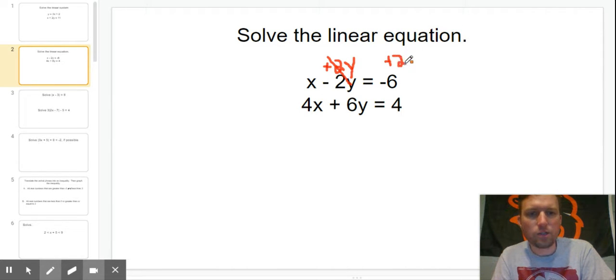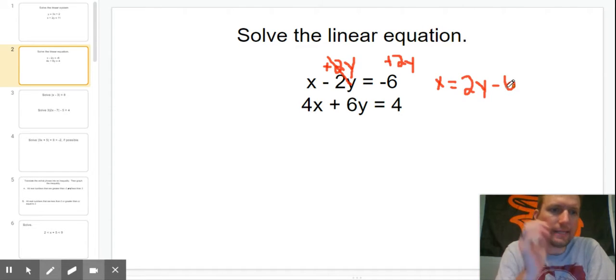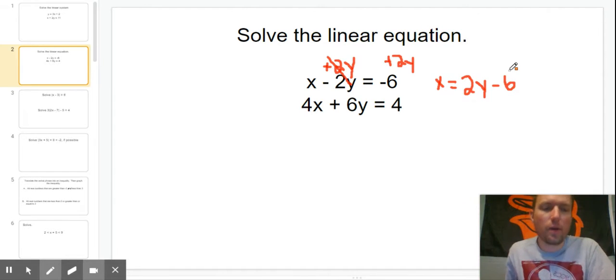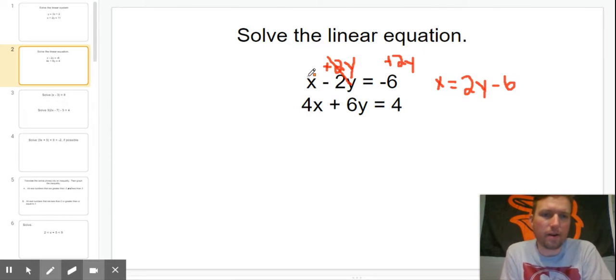So my new equation would be x equals 2y minus 6. Okay, now we're ready to get down to business. That's the first step: we need to solve for our variable.